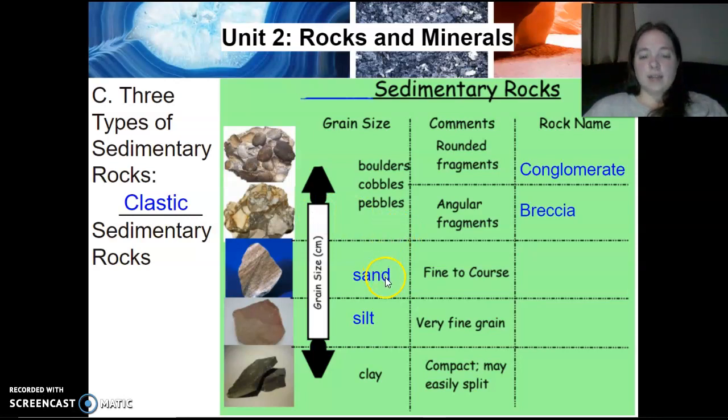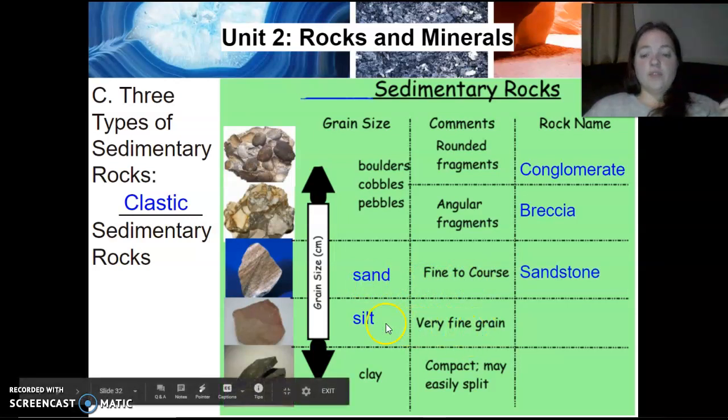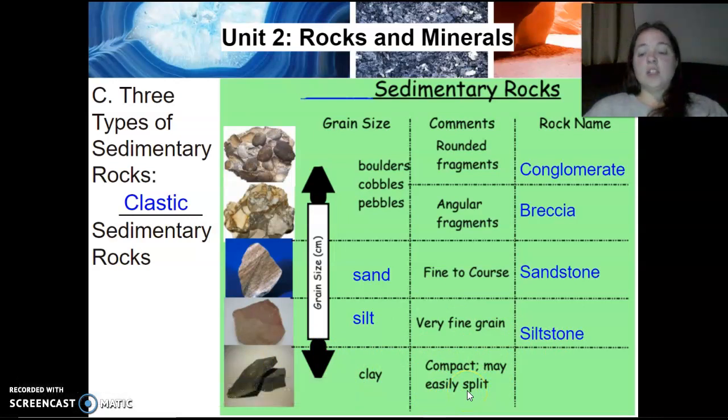And then you've got sand. The comments say it's fine to coarse sand, sandstone, and then you've got very fine silt, which makes siltstone, and then you have clay. This is compacted and may easily split. This is called shale. That one's a little bit different.